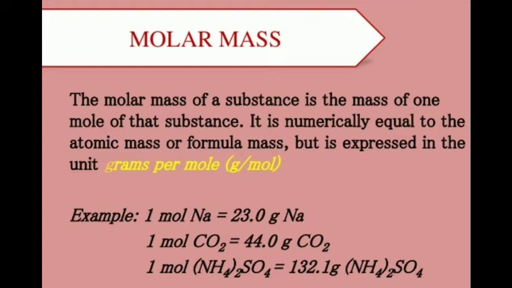So, molar mass and molecular mass. You got the difference? Molecular mass means it is the sum of all the elements present in a molecule or a compound. We add up. In the same way, we calculate the molar mass also. But whenever we are writing molar mass, it is expressed in terms of moles. Okay?